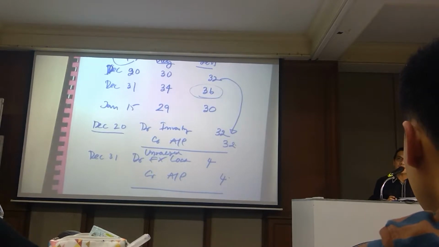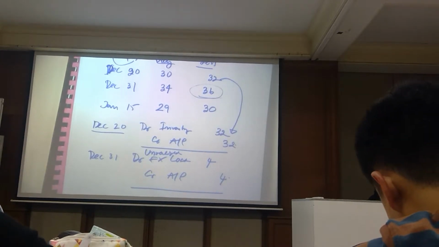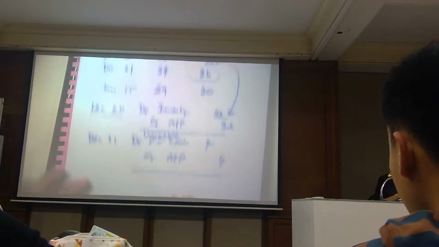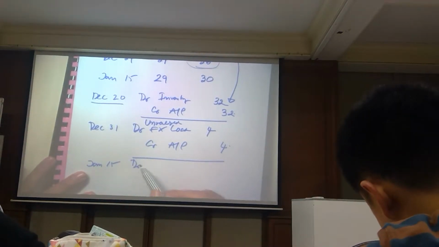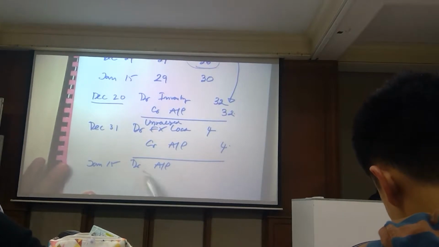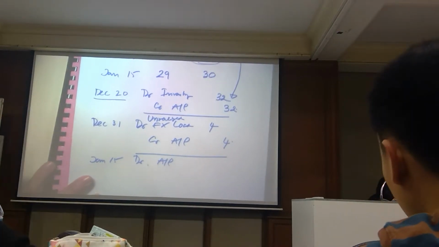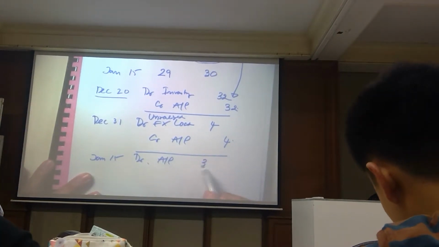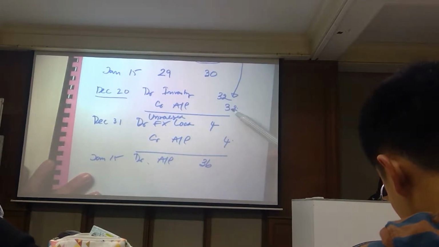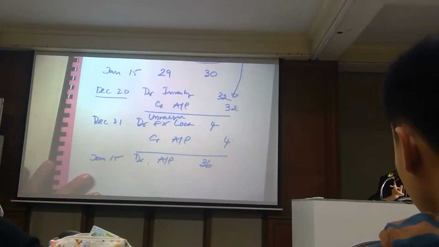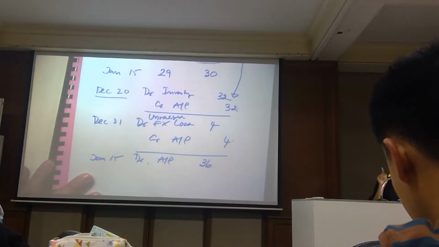On January 15, it's time to pay. The credit term is due. Debit AP, how much? The liability you have right now is 36, right? From 32 plus 4, now you have 36. So when you clear out the AP, you clear 36.